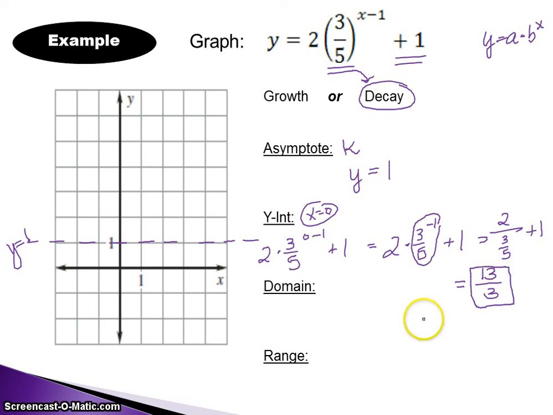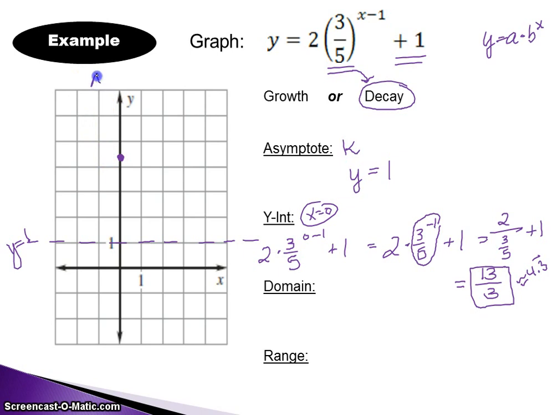Okay, and if you don't know what that is, type that in. Make sure you know what that is as a decimal. 13 divided by 3 is about 4.3333333. So I'm going to come over to my picture, go up to 4.3, and again, use my calculator to show me the rest.